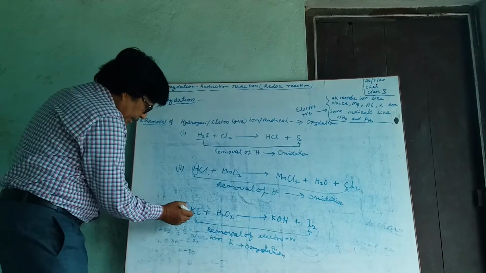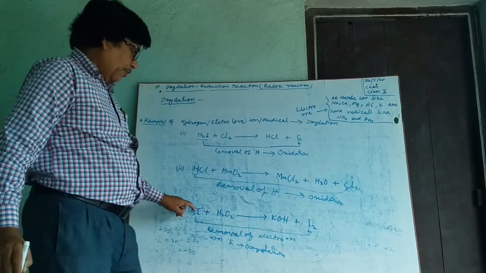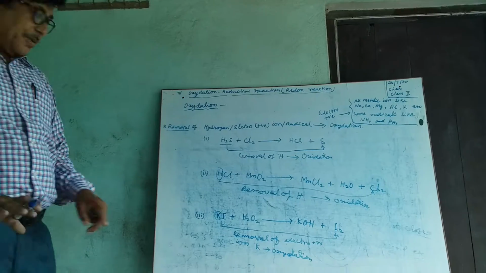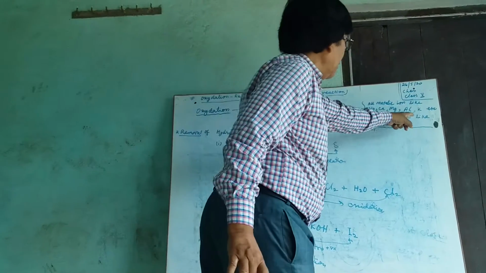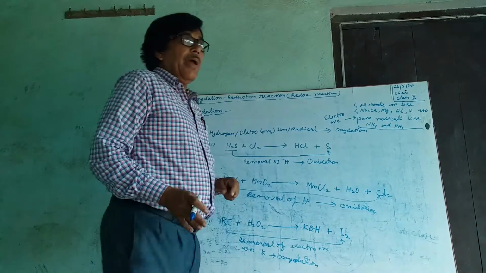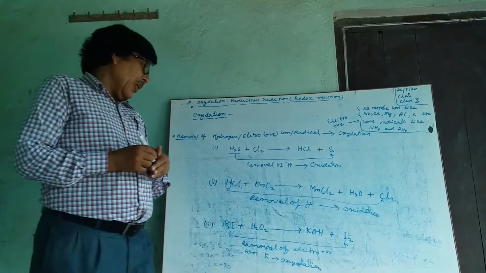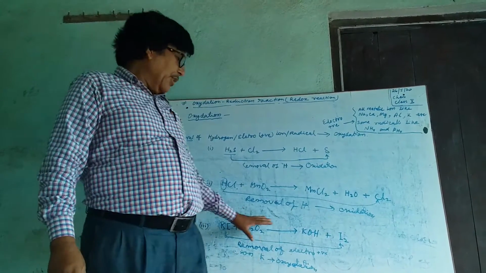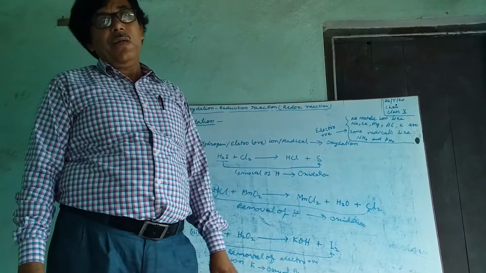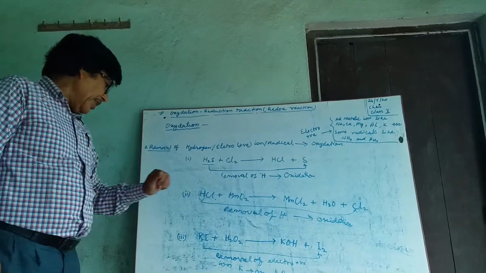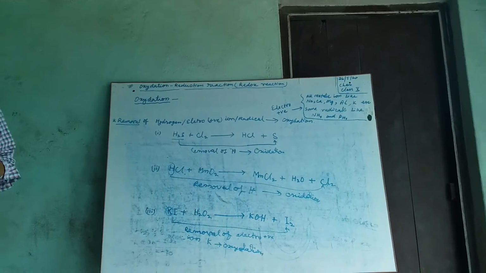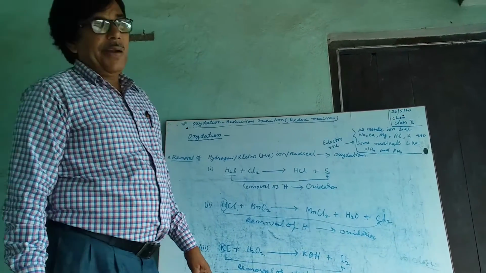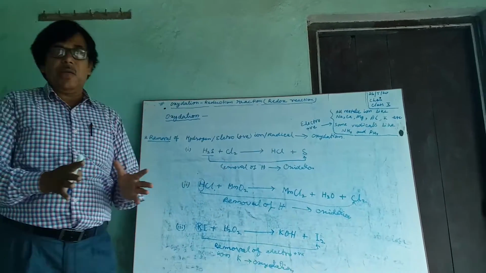Here K has been removed from KI to form I2. Thus removal of potassium, K is electropositive, and removal of electropositive is oxidation. Therefore this chemical equation is an example of oxidation reaction. We will discuss in the next video reduction reaction and then oxidation reduction reaction together.